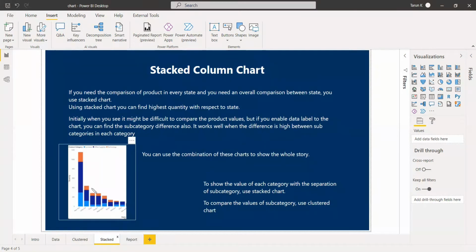So basically in reports, you use a combination of stacked and clustered column chart. In a nutshell, if you want to show the value of each category with the separation of subcategory, you can use stacked chart like this, or to compare the values of subcategory, you can use clustered chart. As an example, the same example itself, we can try it out.